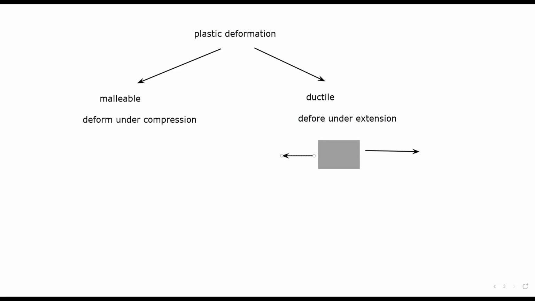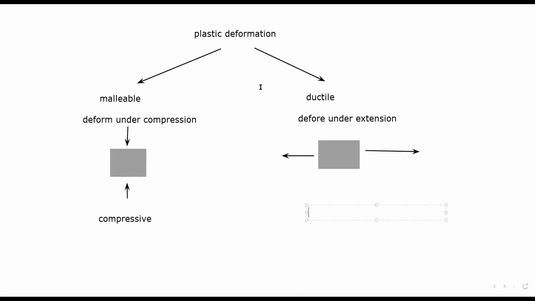And here we are applying a compressive stress. So if we apply a compressive stress on the object and it deforms plastically, it regains a new shape but does not return to its original shape, we call that malleable.